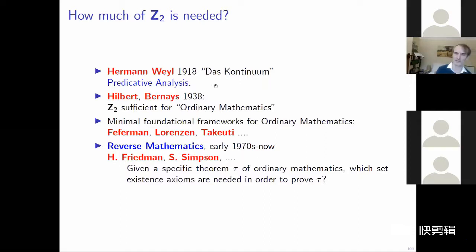And here the idea is that you take a piece of ordinary mathematics, say a theorem tau, and you would like to figure out what are the existence axioms needed in order to prove tau, and reverse is actually also the reversal, that maybe this theorem of ordinary mathematics also logically encapsulates in a certain sense those existence axioms.